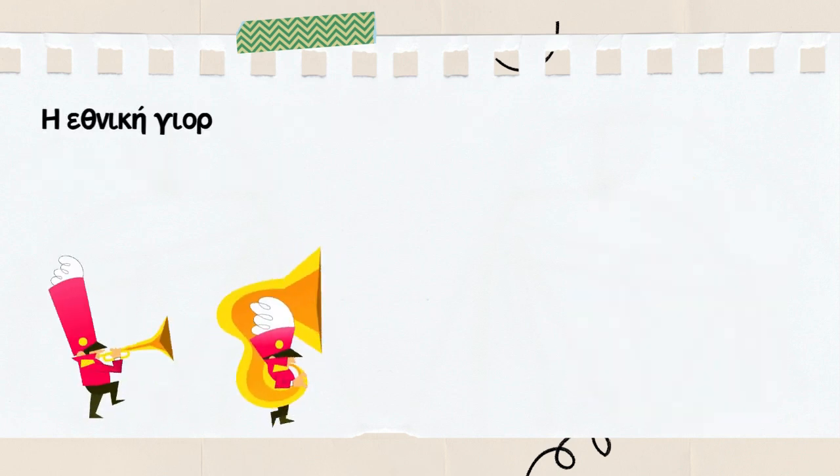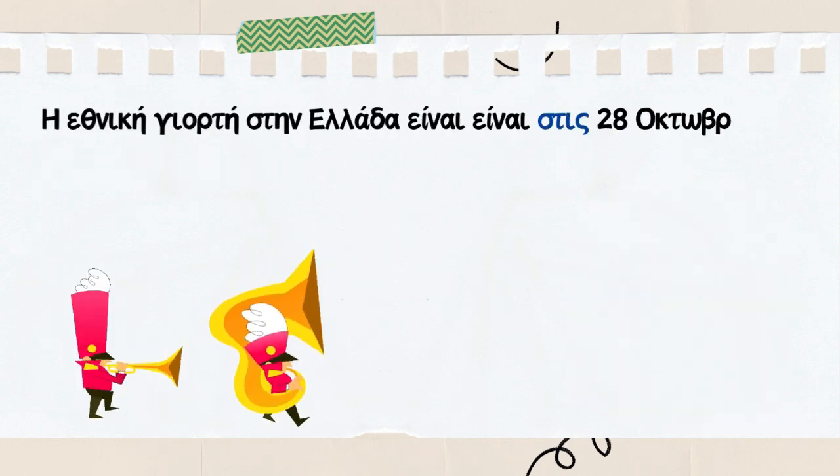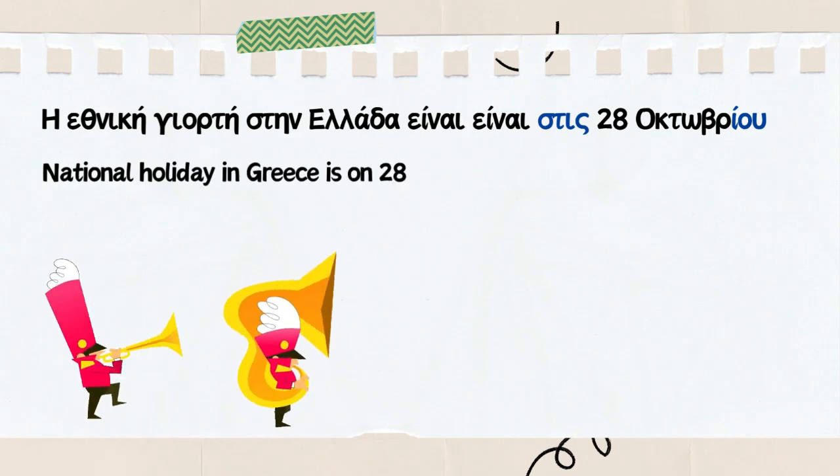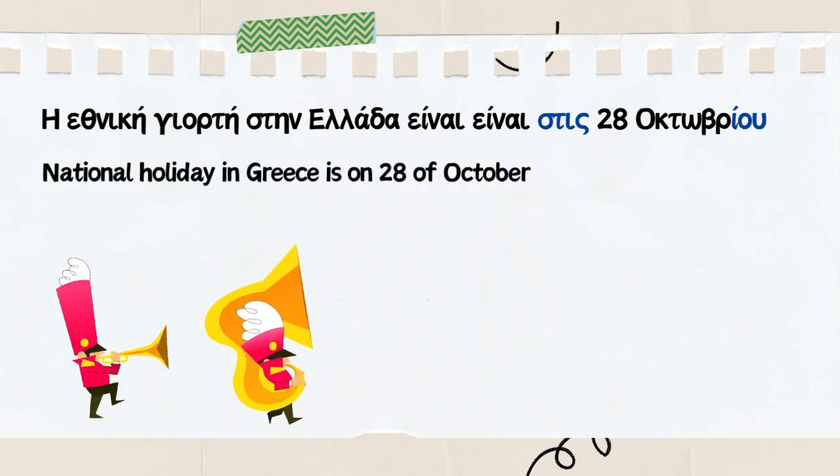Another example, η εθνική γιορτή στην Ελλάδα είναι στις 28 Οκτωβρίου. National holiday in Greece is on the 28th of October.